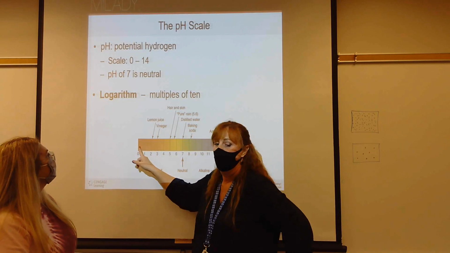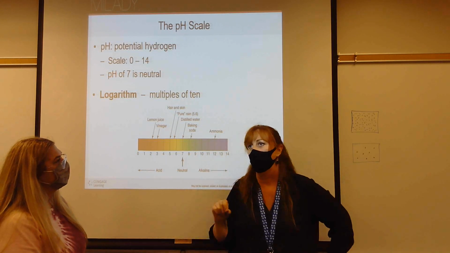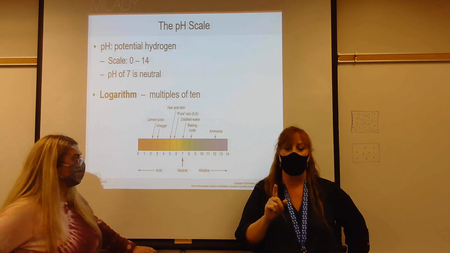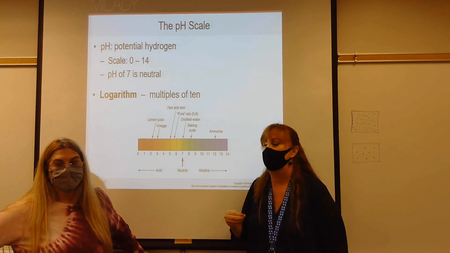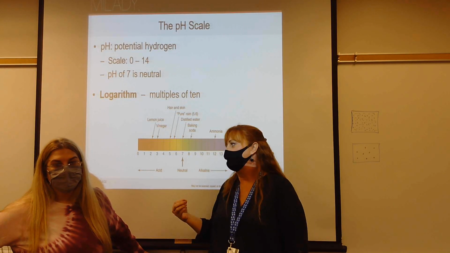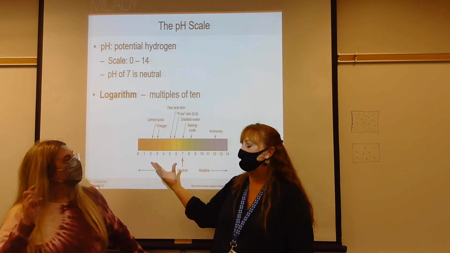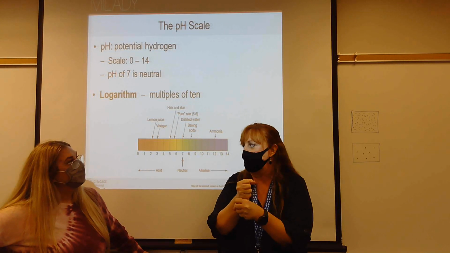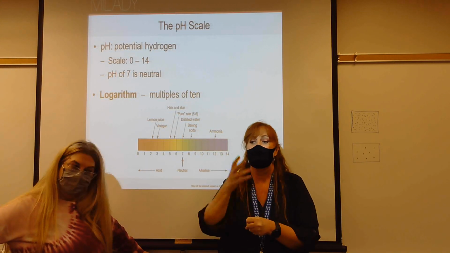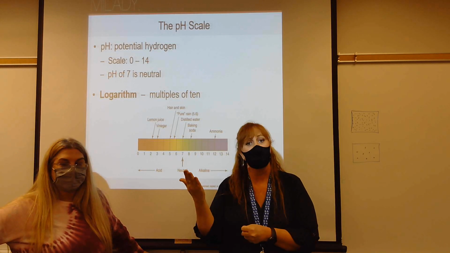Lemon juice and vinegar are way acid, and I'm sure some of you have heard your parents or grandparents or somebody you know say, put vinegar on your hair, it makes it shiny. Put beer on your hair, it makes it really soft and shiny. Well, what that acid does is it takes that hair and it shrinks it and flattens it down, which does close that cuticle up and make it reflect more light, which makes it shinier.